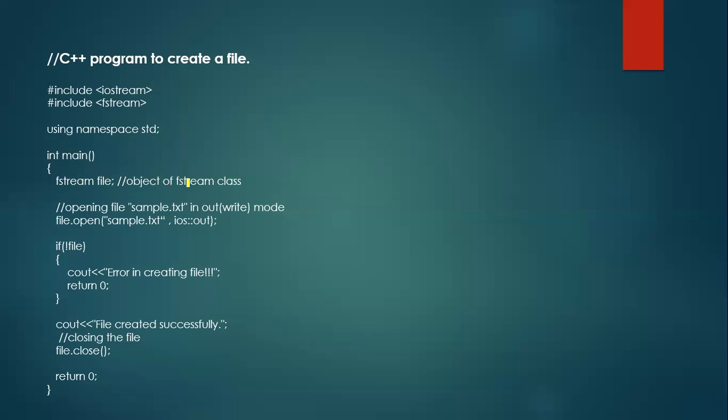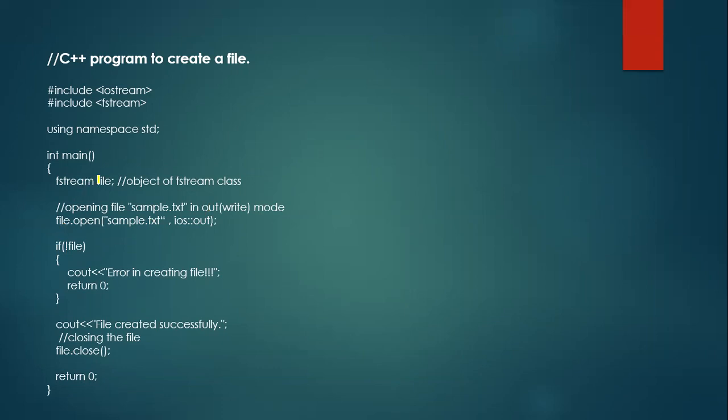This is the object of the fstream class, meaning we have created a file in which we can both read and write the data. But when we are opening this file, say we have the file named sample.txt, and we are opening it in write mode, meaning out mode. We need to write over the file, so that's why we are opening this file with out mode.